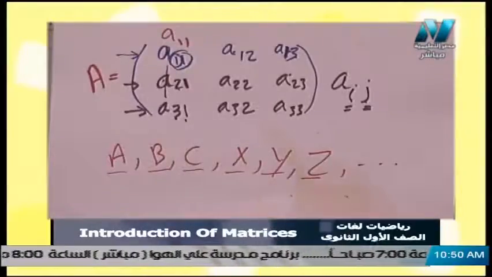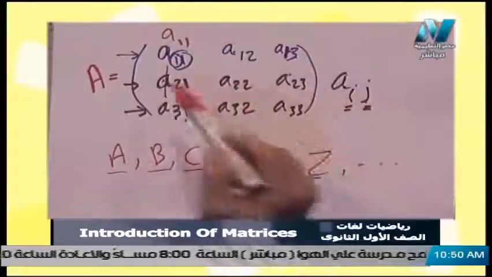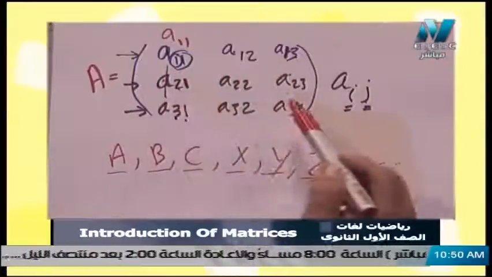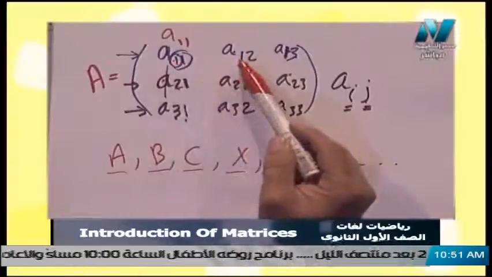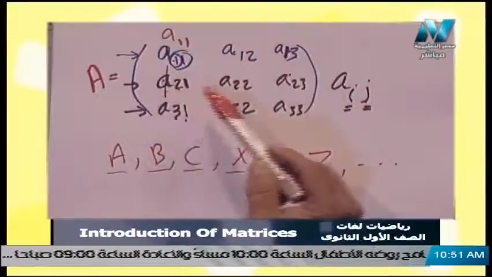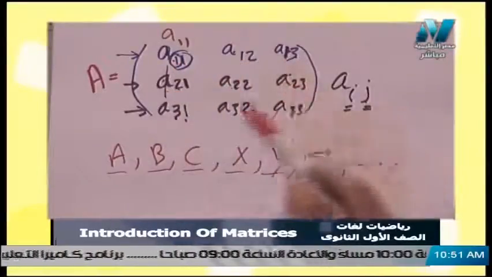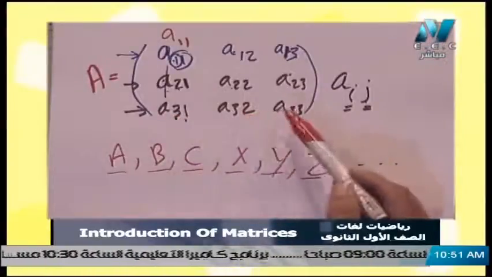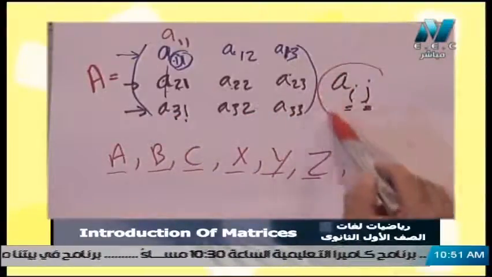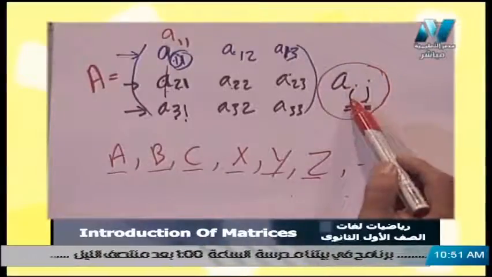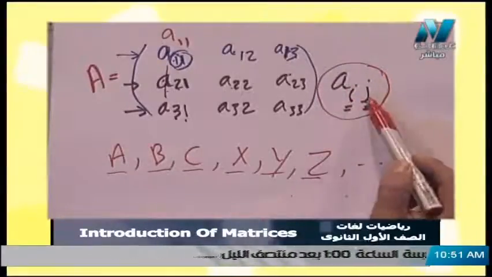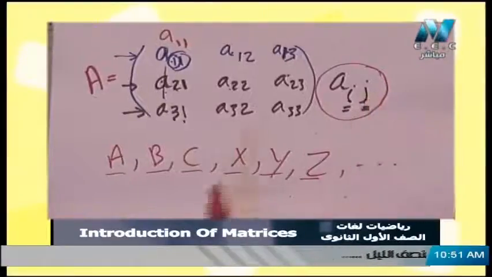Okay, but small letters express the elements inside these matrices. This is A11, A12, A13, A21, A22, A23, A31, A32, A33, and generally we call it Aij. i expresses the number of rows, and j expresses the number of columns.